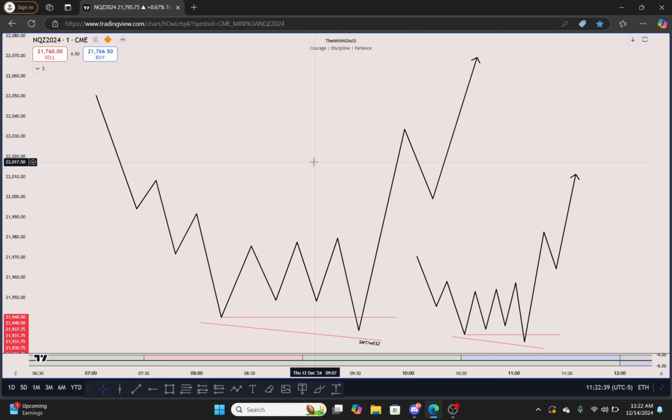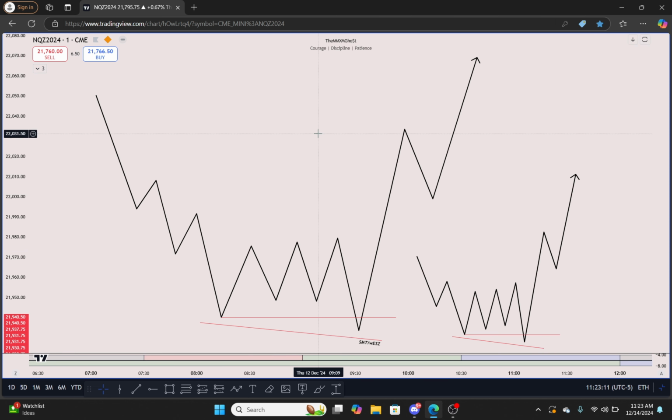I'm looking not only for SMTs, but I'm looking for SMTs between ES and NQ within the same 90-minute cycle. So if quarterly theory calls for trading quarters 2 and 3, manipulation and distribution quarters, then I'm looking for an SMT between ES and NQ during quarters 2 and 3.